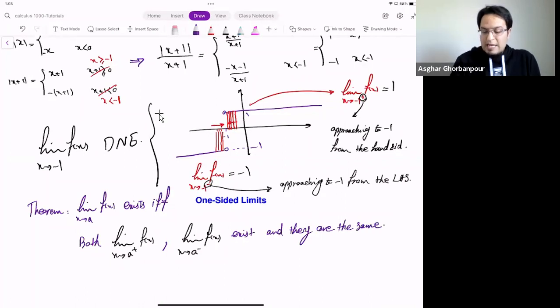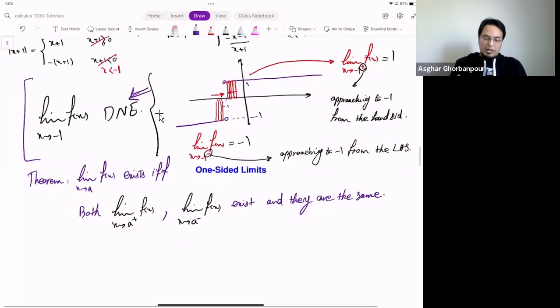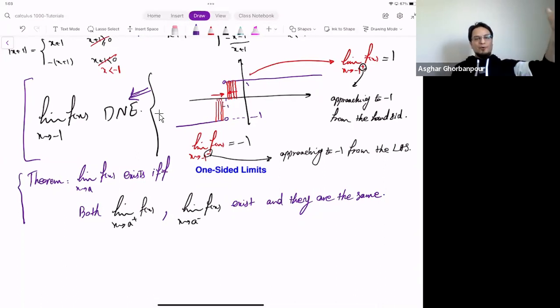So the limits give me numbers, and they also have the same values. In the previous example, the right limit exists and the left limit exists, but they're not equal, so we concluded that the limit does not exist. That was just an easy example to see that this theorem, which needs a little more work, is true.